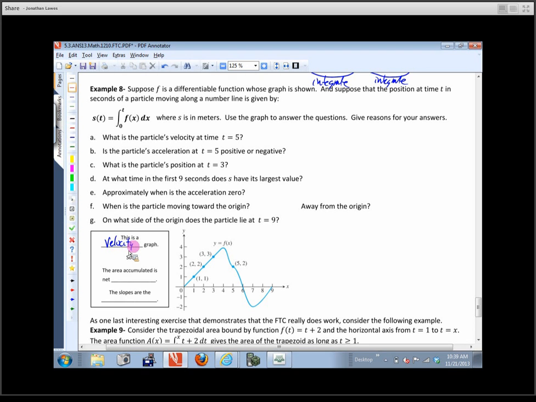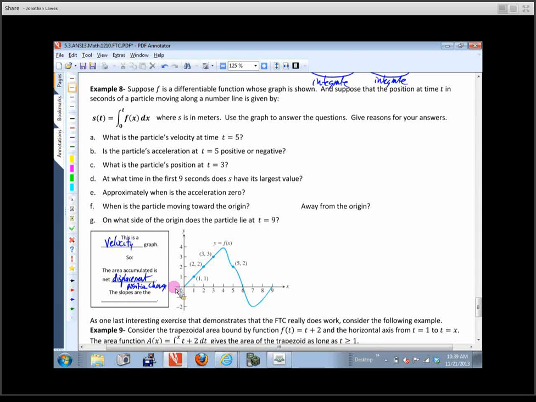If you integrate a velocity graph, or in other words, if you accumulate position underneath the velocity graph, that area accumulated is net displacement, or we could say position change. Okay? Now, let's kind of blend all this together.